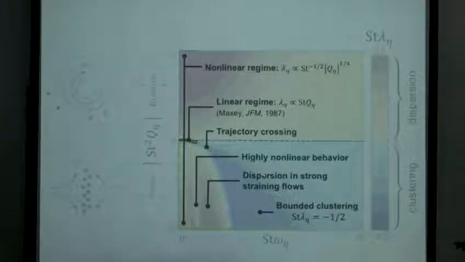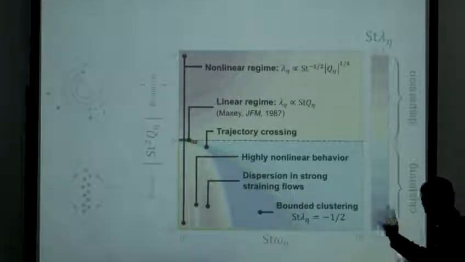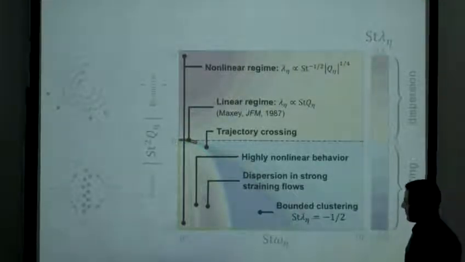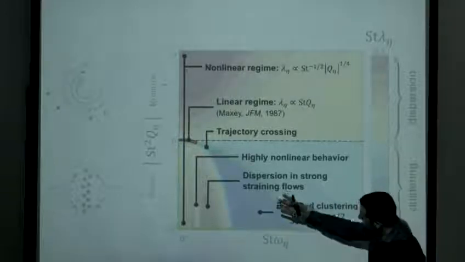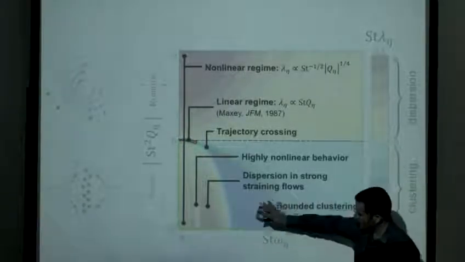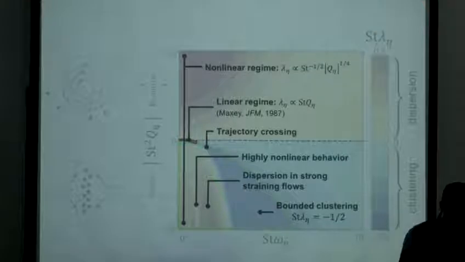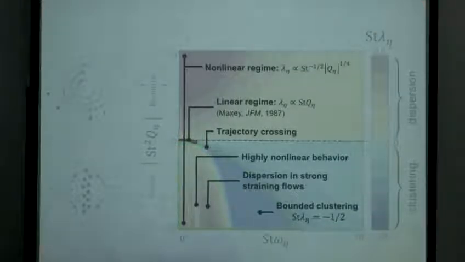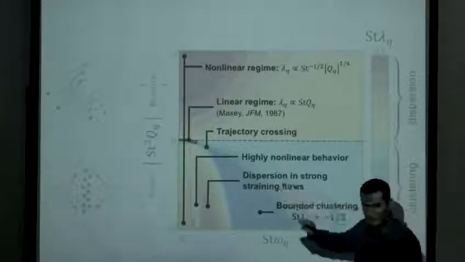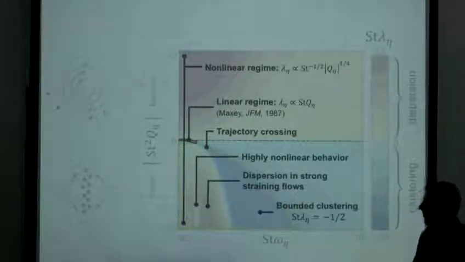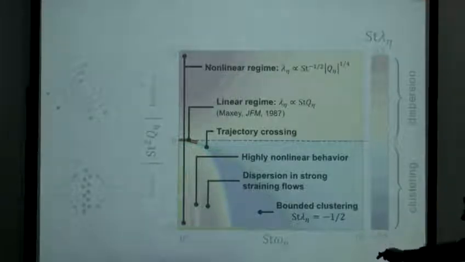It tells you where are the regions, which part of the parameter space, you get Lyapunov exponents that are equal to the lower bound that I told you earlier. Where are the regimes in which you have dispersion in a straining flow, and some very interesting behaviors that I didn't talk about.